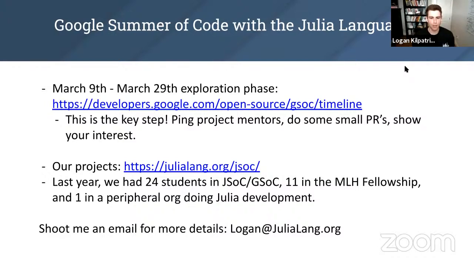So it's a really cool opportunity to get involved with open source. Last year, we as an organization mentored 24 students, and we also had 11 students in the Major League Hacking Fellowship, which was really cool to see as well. So lots of cool opportunities to get involved. You can check out the website and look at some of the projects to see if they're interesting.